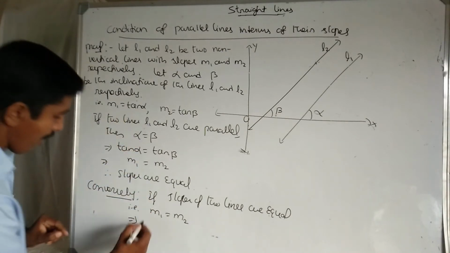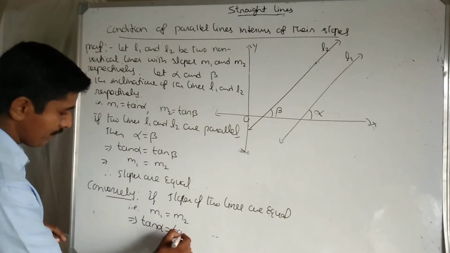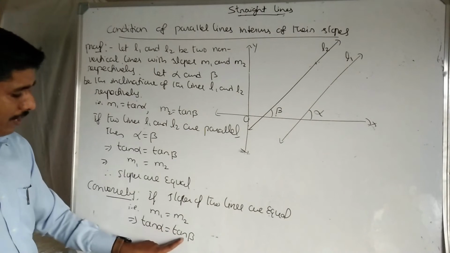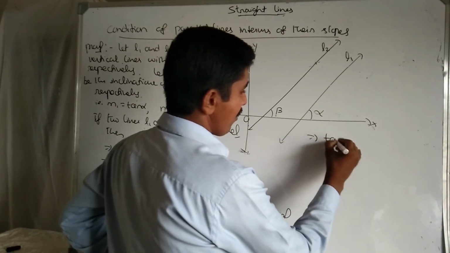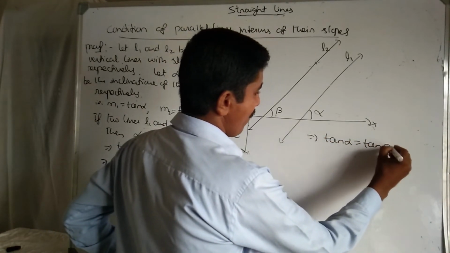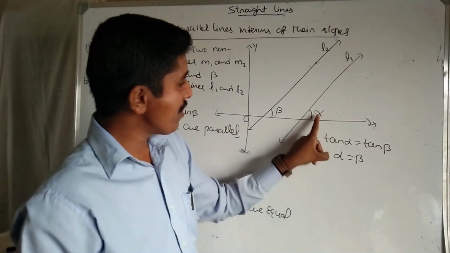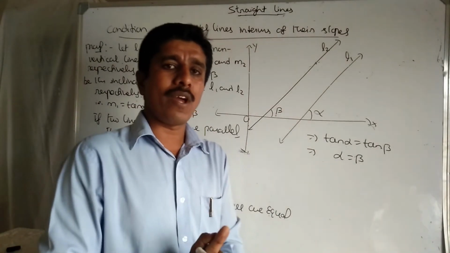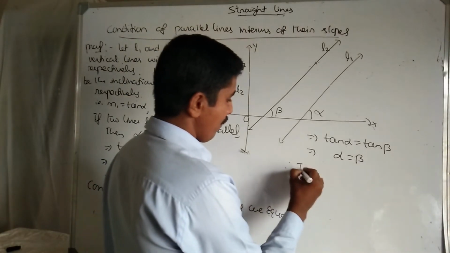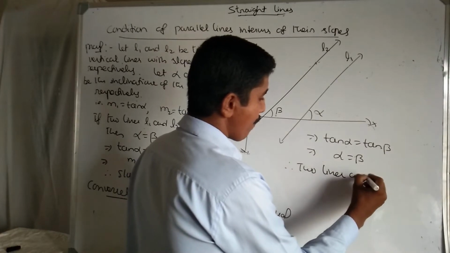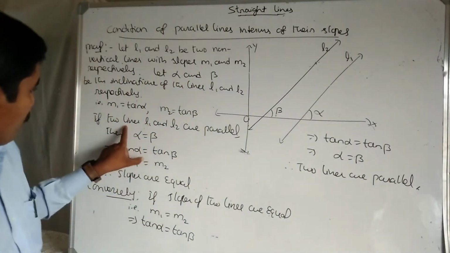Substitute m1 equals tan alpha and m2 equals tan beta. Clearly tan alpha equals tan beta, so alpha equals beta. Alpha equals beta means two angles are equal, and so the two lines are parallel. Got it?